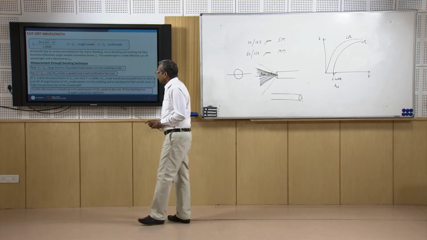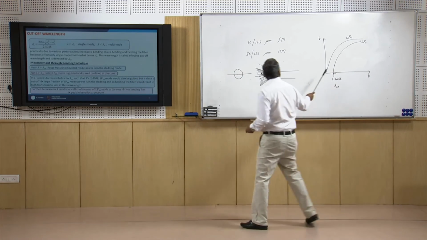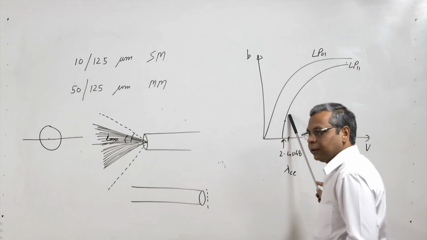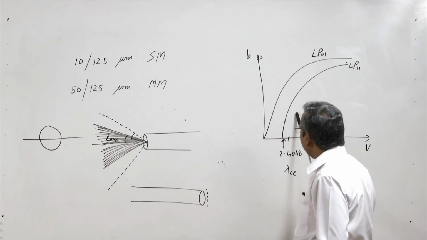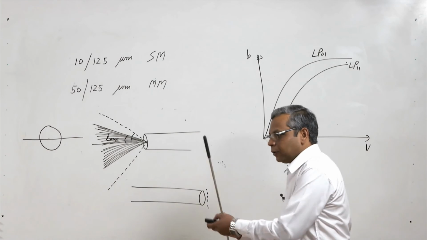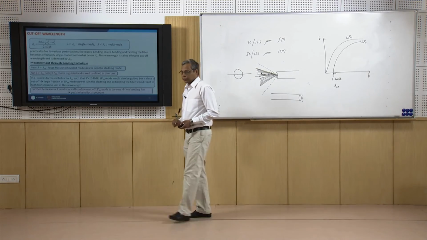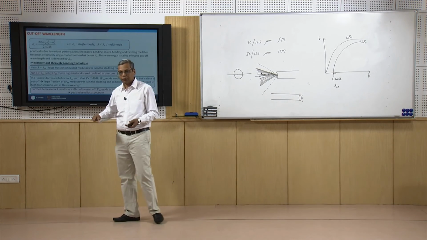If you further decrease lambda, then this LP11 mode would be very well confined, and most of the power will now be confined in the core itself for the LP11 mode also. So, the bend loss will decrease.